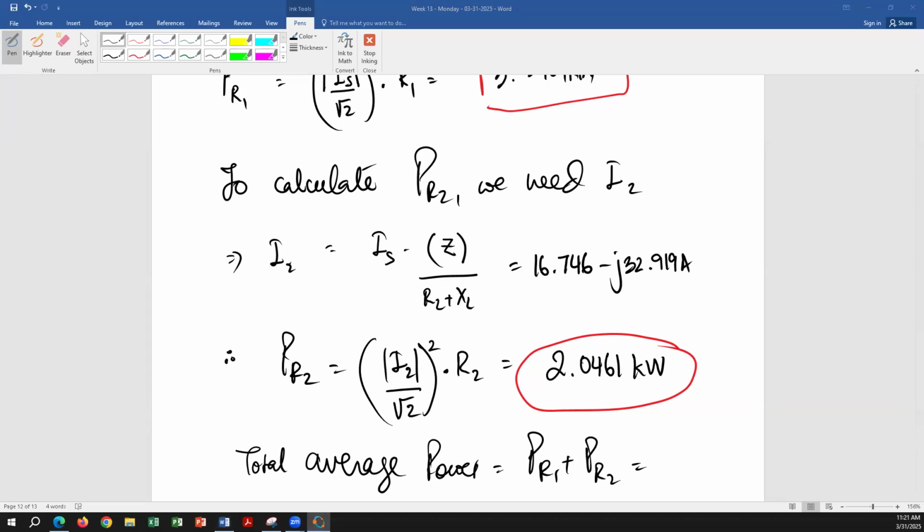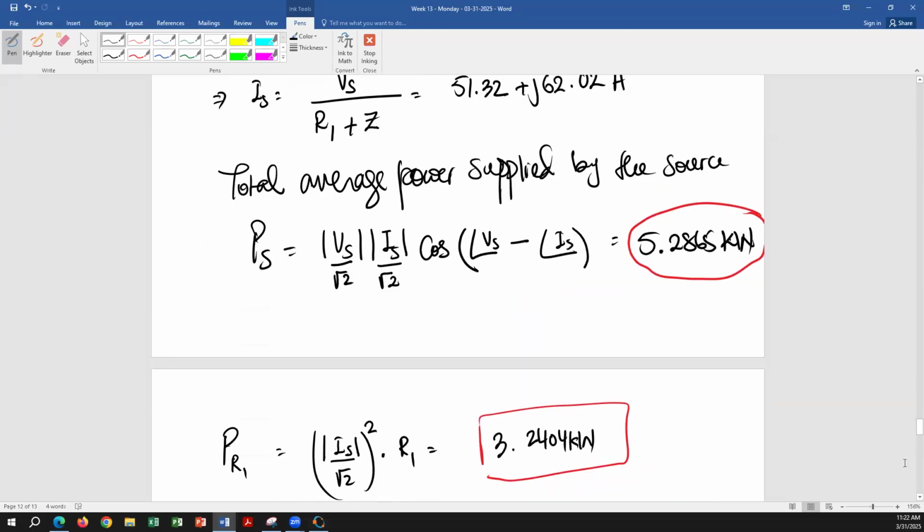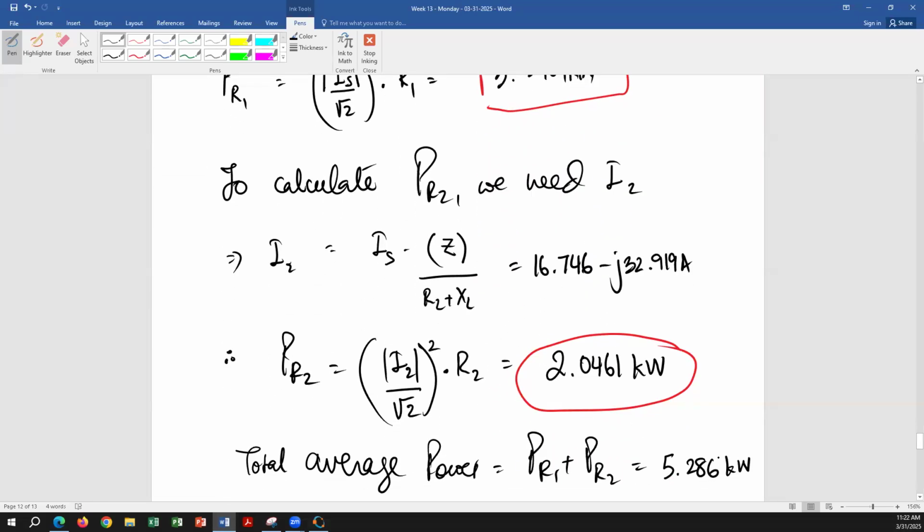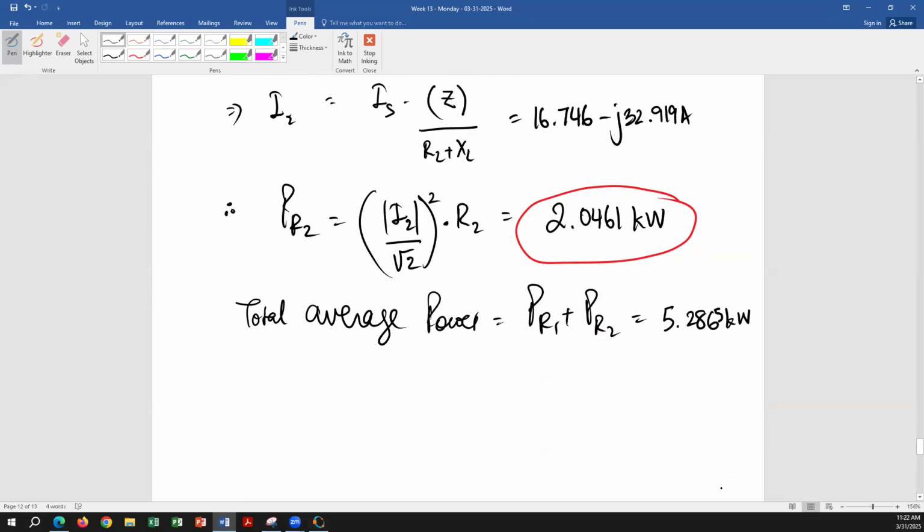P is equal to PR1 plus PR2, and that's 5286.5, or 5.286 kilowatt. And let's see if that's the total power we calculated, which is exactly the same. This is equal to the total power of the source. So it's checked out.